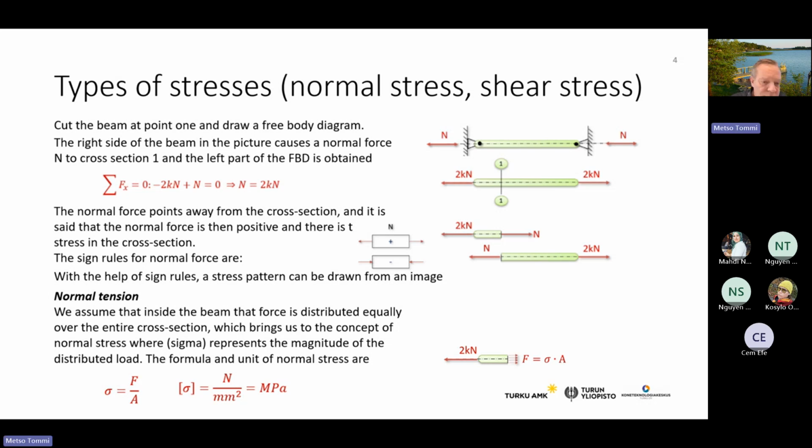Oh, it doesn't show my pointer. So this is the first rule, force divided by area, and this is stress.